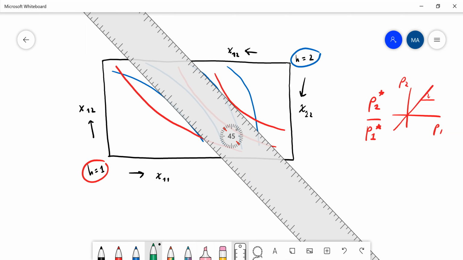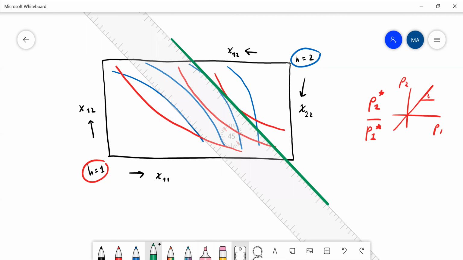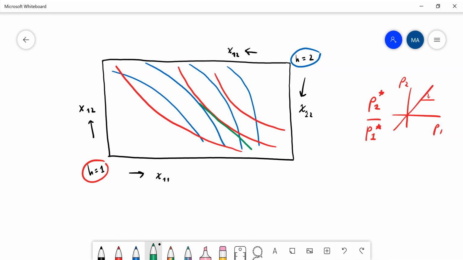The slope is nice, actually. Now, as you see, for some reason, it's not really good. All right. So imagine there is this line, okay? And this line, of course, should intersect with the endowments.